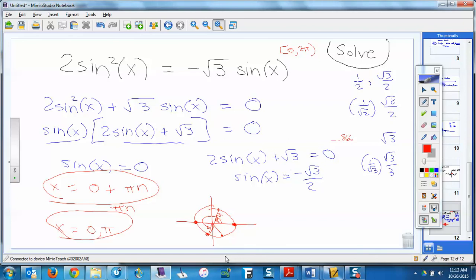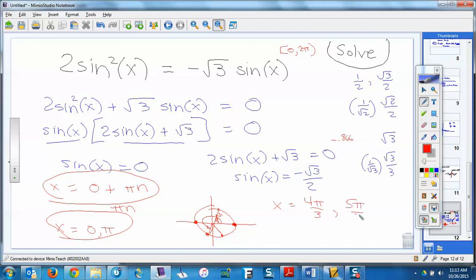Because we got 3 pi thirds around to here, which is pi, and then another pi third. So 3 pi thirds plus 1 pi third is 4 pi thirds. Okay? And then the other one is 5 pi thirds. Because if you go all the way around to here, that'd be 6 pi thirds, which is 2 pi, but we're pi thirds short of that, so 6 pi thirds minus a pi third would be 5 pi thirds.